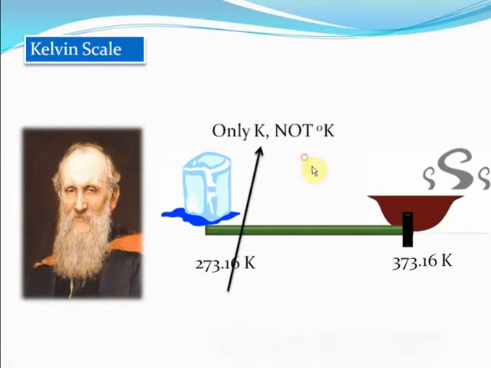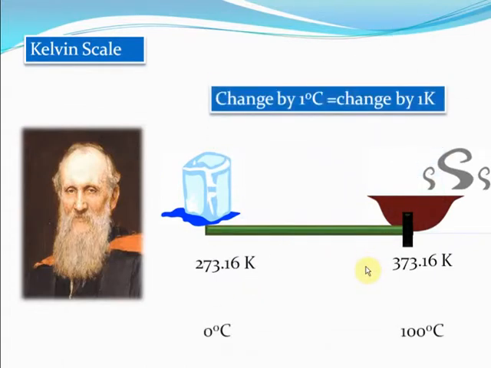Another interesting fact that you must remember is that change by 1 degree Celsius means change by 1 Kelvin. So the magnitude of 1 Kelvin is the same as the magnitude of 1 degree Celsius. For example, if you take the difference between the boiling point of water and melting point of ice, what's the difference? 373.16 minus 273.16, that is 100 Kelvin.